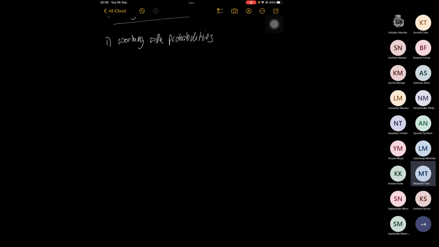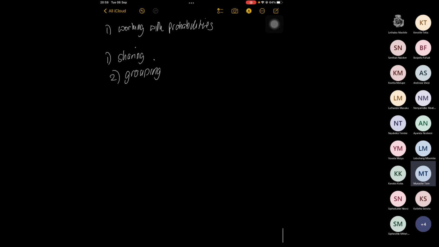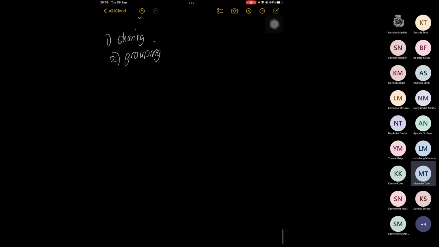Let's assume you are given a counting method scenario that you are used to, either the sharing method or the grouping, those questions where they say the 12 cars are not supposed to be serviced consecutively. You just compute the number of ways in the way that you already know.